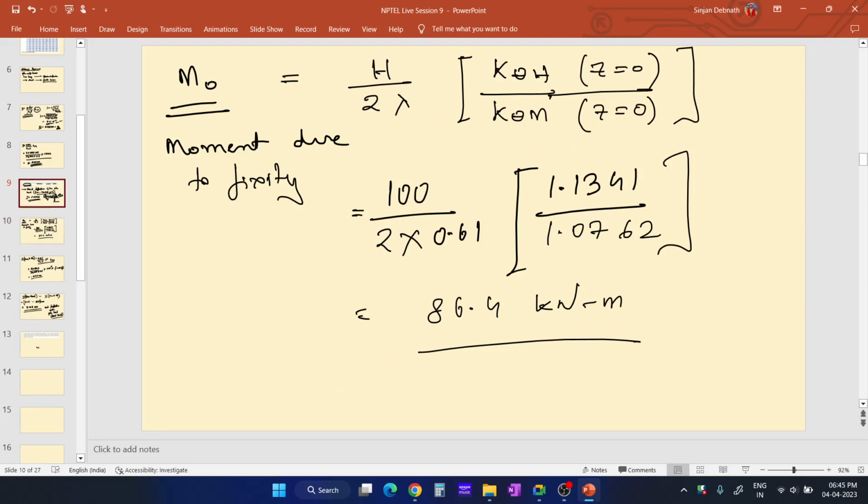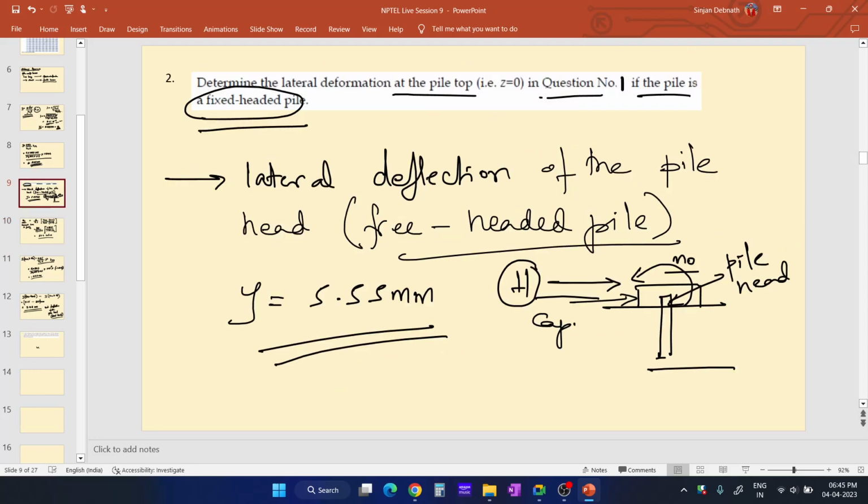This direction is positive if this is the pile, and after deflection the pile head will deflect like this in case of a free-headed pile. So if this direction is positive, that is why the deflection is positive.